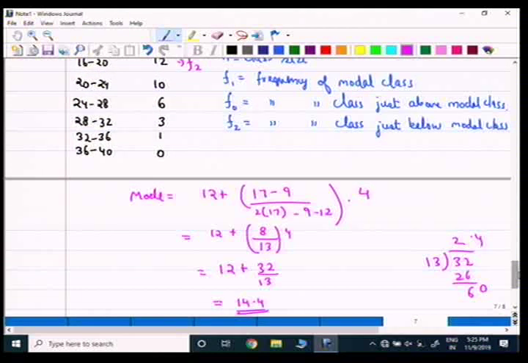Any doubt in this one? Any doubt in the formula? All of you are getting it, how to calculate the mode? It's an easy one. Whatever data is given, just figure out the values and then put them in the formula.